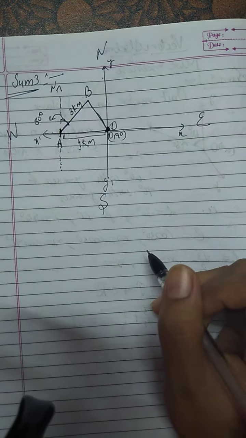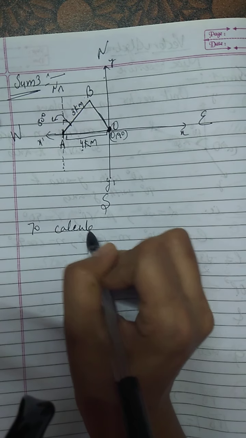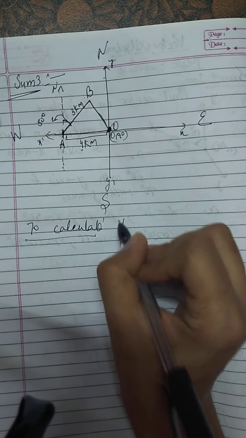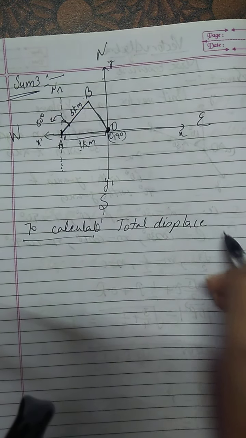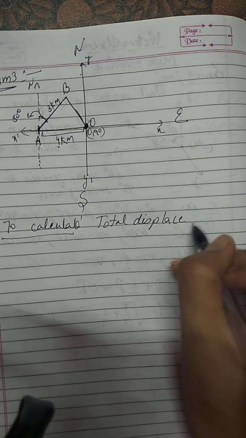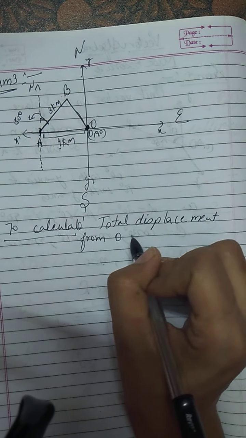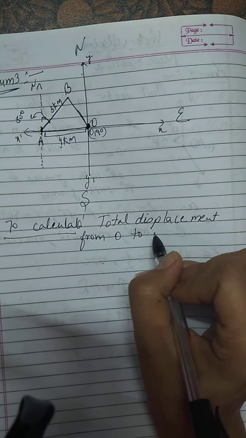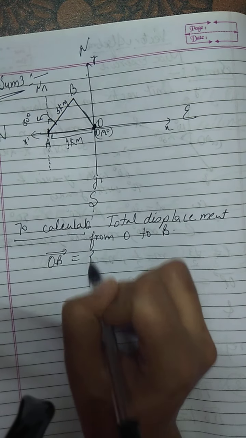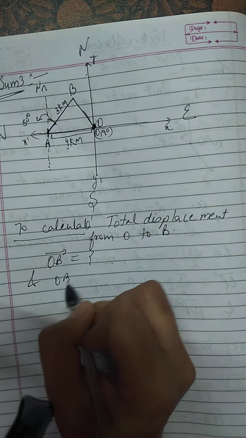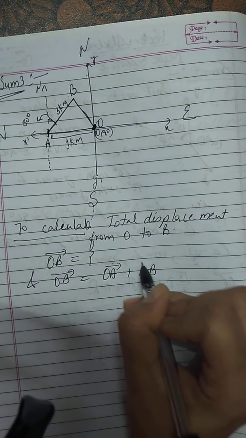So we have to calculate the total displacement from O, that is the initial point, to the final point B. So we are supposed to calculate the OB vector, and by the triangle law of vector addition it will be the OA vector plus the AB vector.